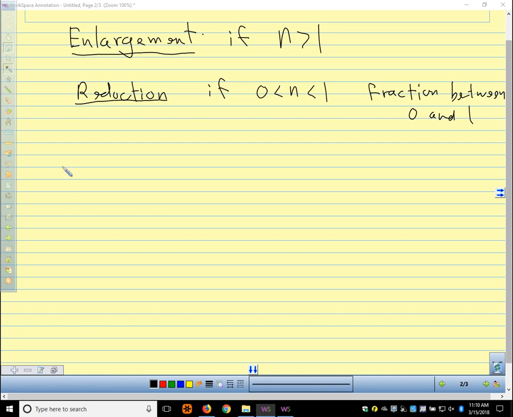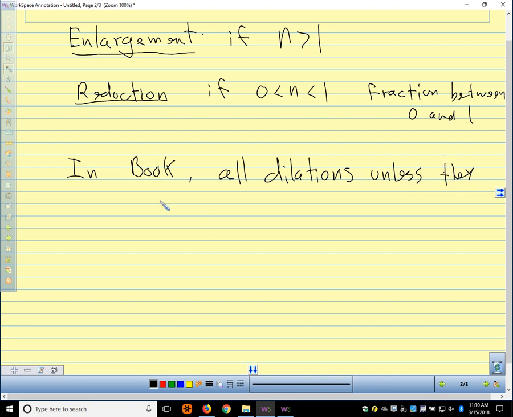In our book, this is what makes dilations really easy. In our book, all dilations, unless they tell you otherwise, have a center at the origin.